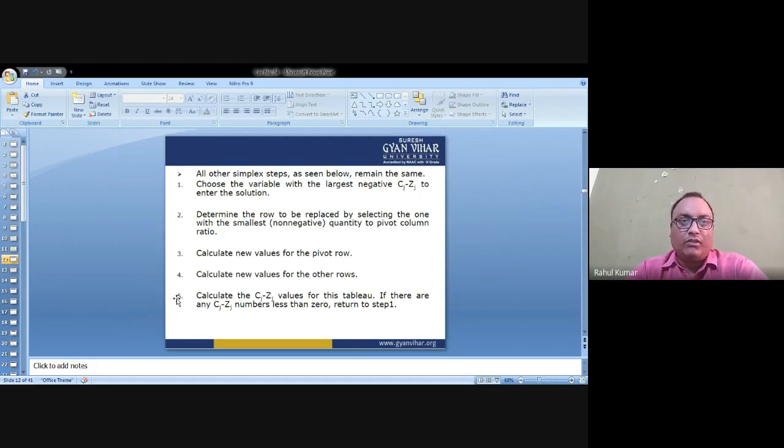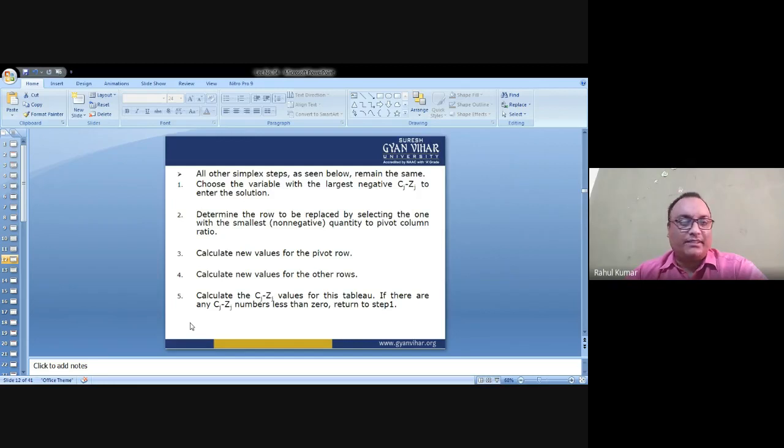Calculate new values for the pivot row, and calculate new values for the other rows also. And in the last step, calculate the Cj minus Zj values for this tabulation.